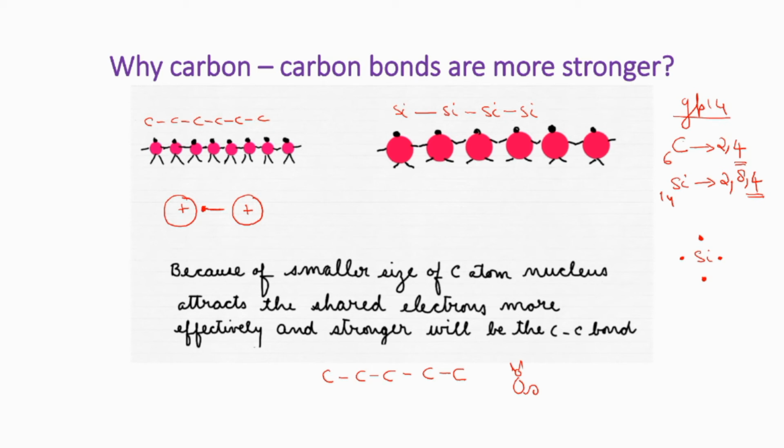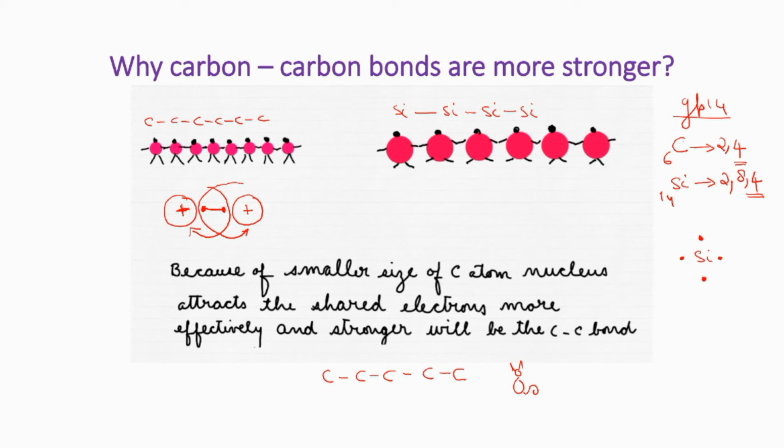A covalent bond is formed by the sharing of two electrons. So one covalent bond means two electrons will be there. Now imagine, the size of this carbon atom is much smaller. What will happen? It can easily attract this pair of electrons more effectively towards it, whereas these pair of electrons will be attracted by this nucleus also.